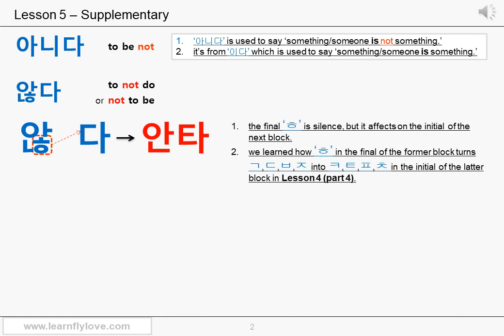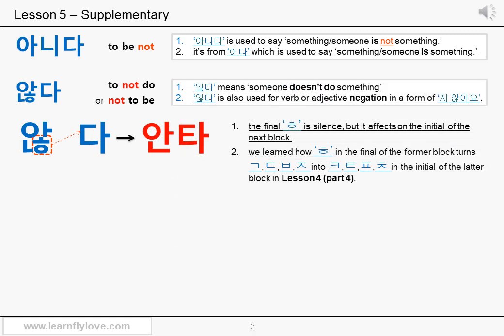아니다 is used to say something or someone is not something. It has an opposite meaning of 이다, 이에요, 예요, which is used to say something someone is something. anta has a totally different usage. anta is sometimes used to say someone doesn't do something.